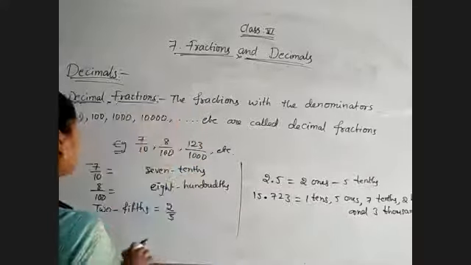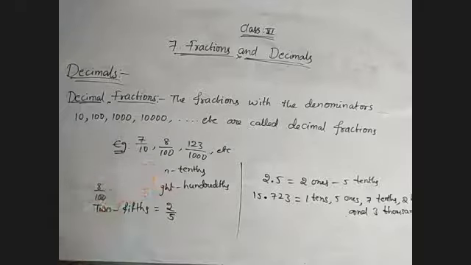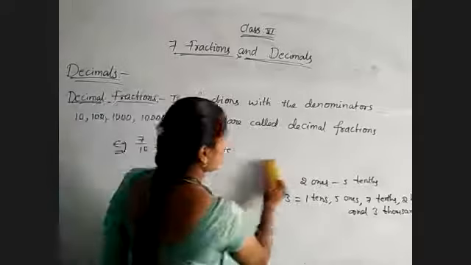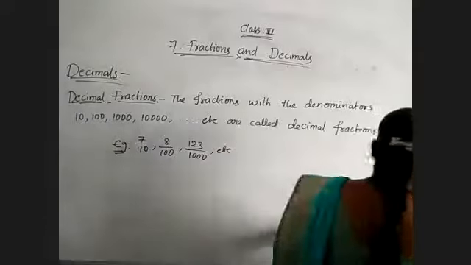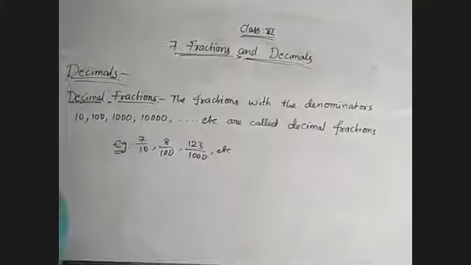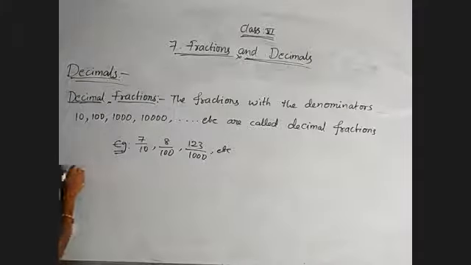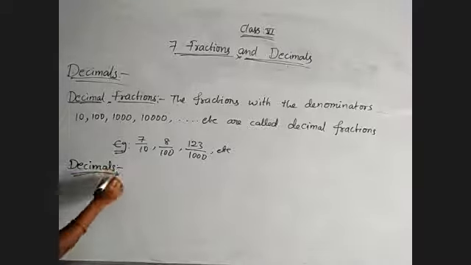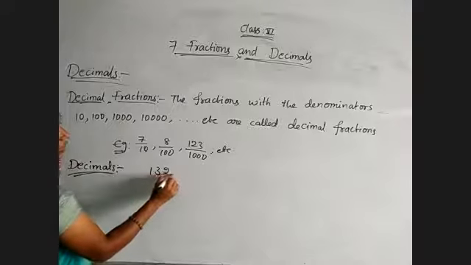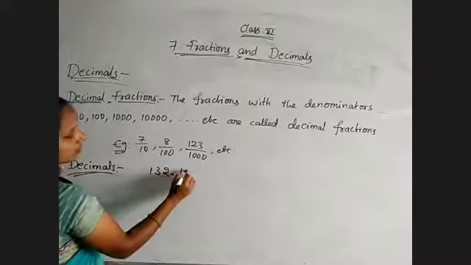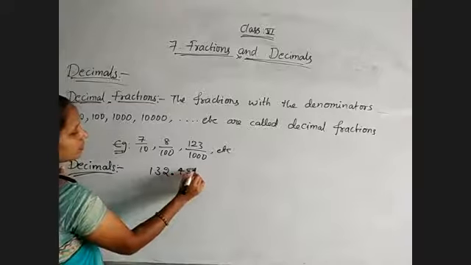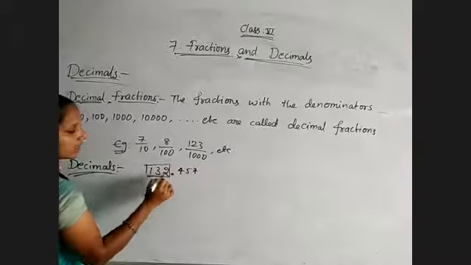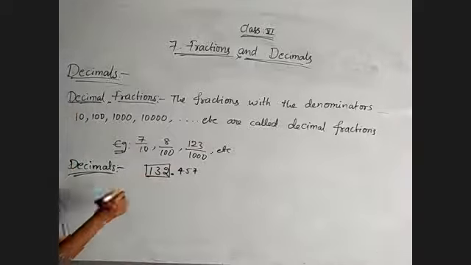Okay, now coming to the place value chart. A decimal number must consist of two parts. This part is known as the integer part or integral part or whole number part.